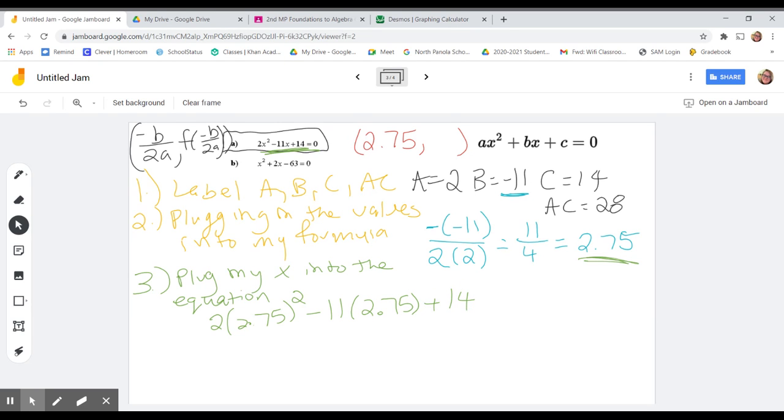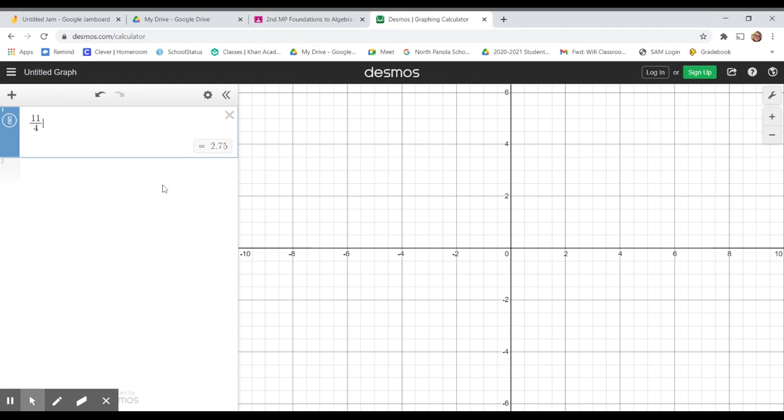I'm going to go to my Desmos calculator. 2.75 squared is going to give me 7.5625. So 2 times 7.5625 minus, and then we'll figure out what 11 times 2.75 is.